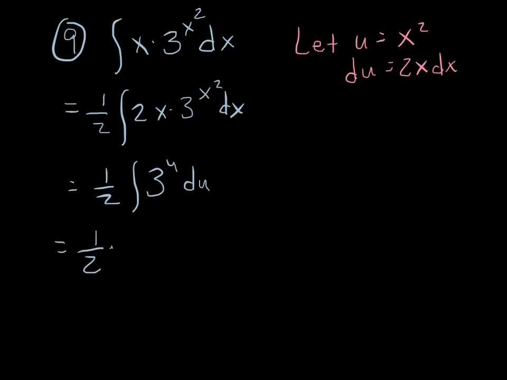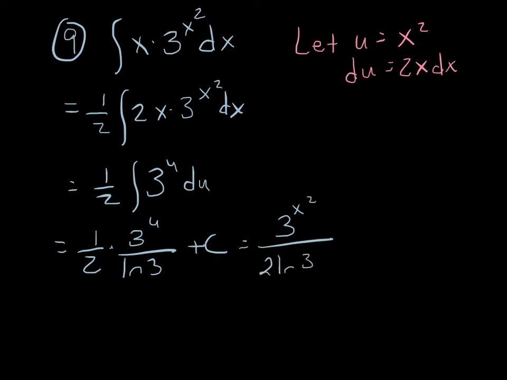So that's 1/2 of 3 to the u over ln 3 plus c, and now we want to substitute so that we've got in our numerator 3 to the x squared over 2 ln 3 plus c. And if you feel like getting fancy, we can make that 3 to the x squared over ln of 9 plus c.